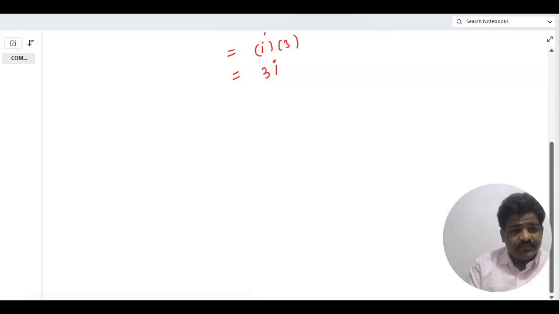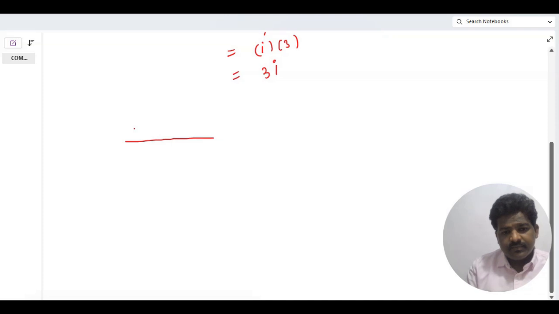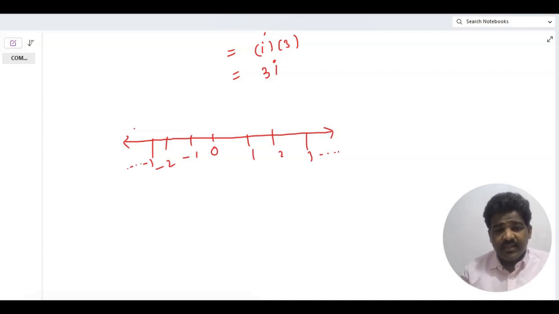On the number line we have 0, 1, 2, 3 and so on, and here minus 1, minus 2, minus 3 and so on. Any real number we can represent on this real number line. But where do we represent 3i? That is the difficult task.